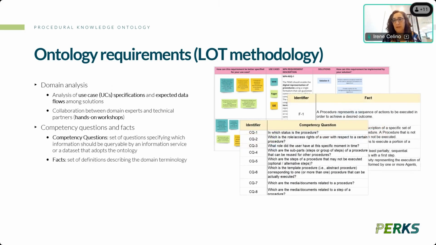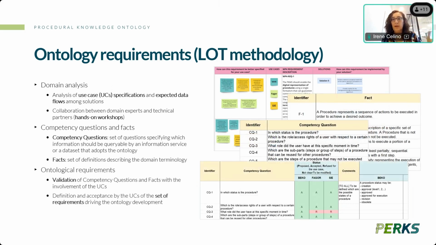Then we built competency questions and facts, as usual in ontology engineering. Then we went through cycles of validation and rephrasing and redefinition with, again, the use cases. And this helped us in having the actual requirements for the modeling.